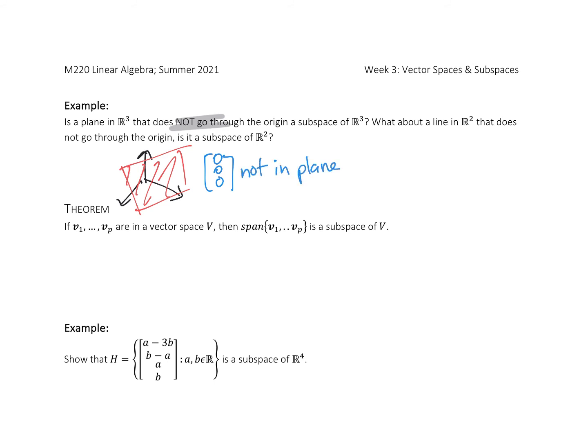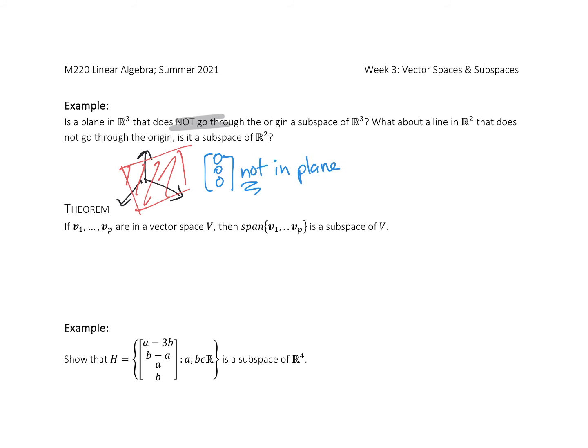Because it's not in the plane, this plane is not going to be a subspace of R3. One of our qualifications is that the 0 vector has to be in it. Same idea with a line.